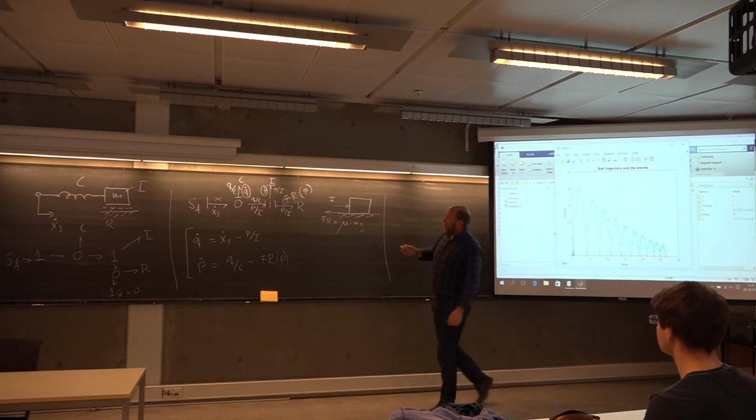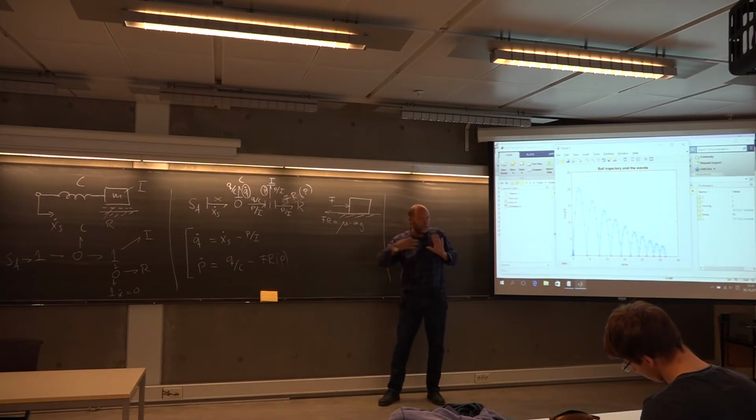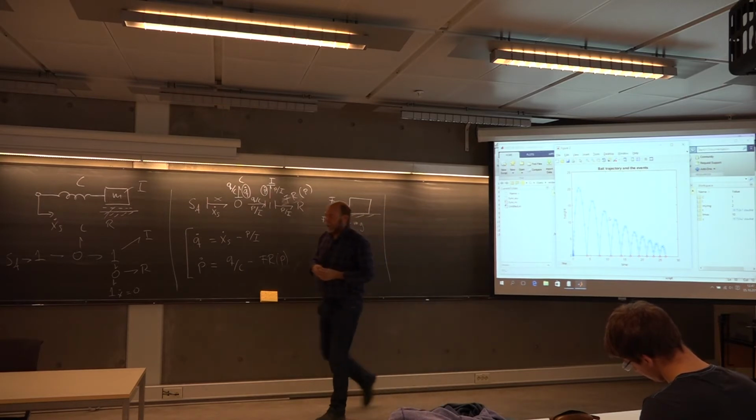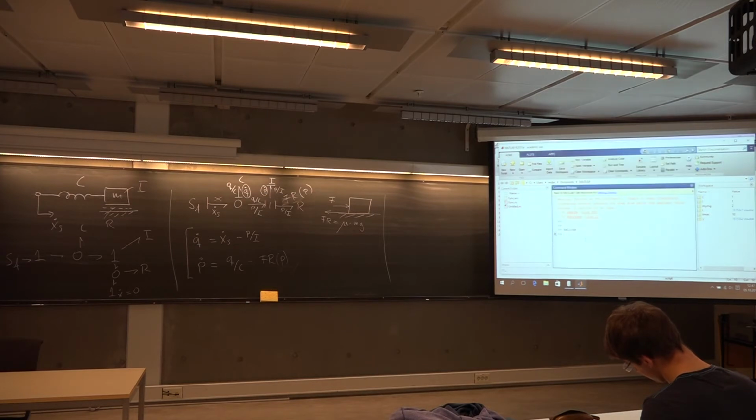So you could do the same here using this event handling. You simulate until something happens. Then you change your function, and then you can simulate further until something else happens. And if you want to look at the source code, how this is done, you can write in the command window, edit ballode.